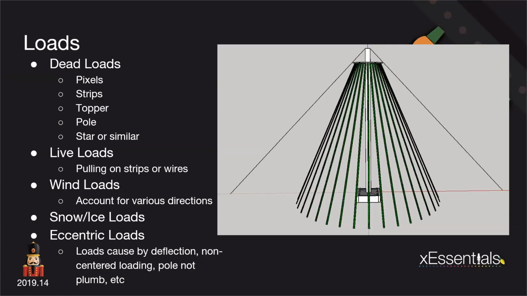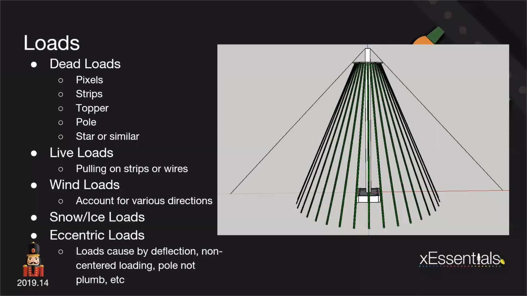Live loads are things that you yourself are putting onto it. For the most part, we don't have too much on a megatree that I would consider a live load. The biggest live load is when you're going up to it and pulling on the strips to get them nice and tight so that all of your pixels line up perfectly.